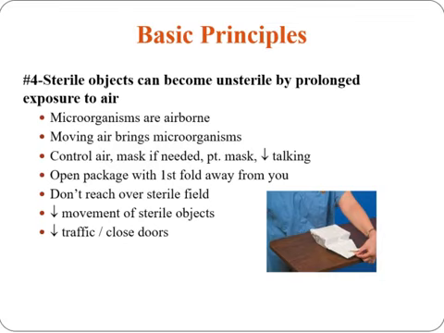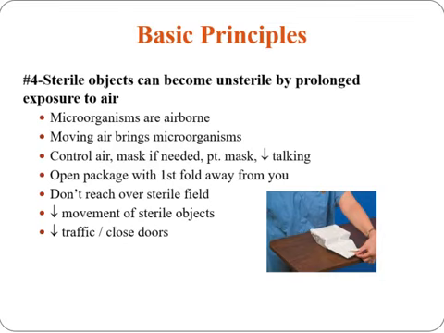So it's important that we control that air as much as we can. So a lot of sterile procedures will tell the patients not to talk, or we'll have them wear a mask or decrease talking, because their talking can actually introduce microbes into the sterile field.